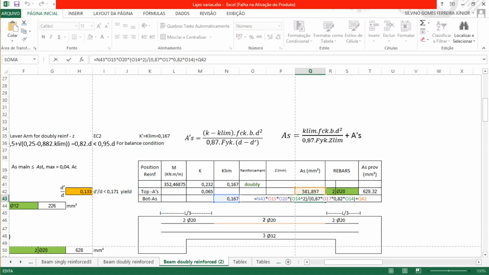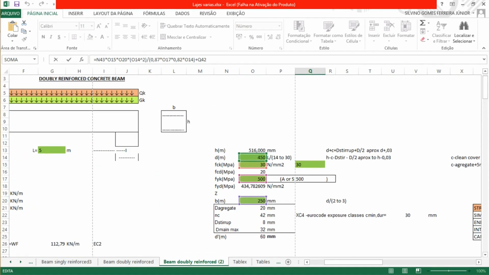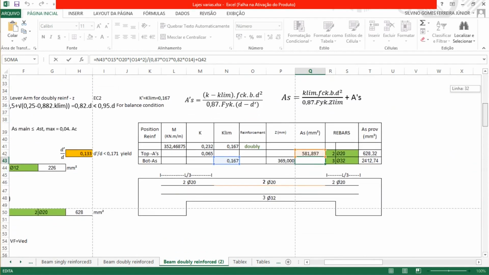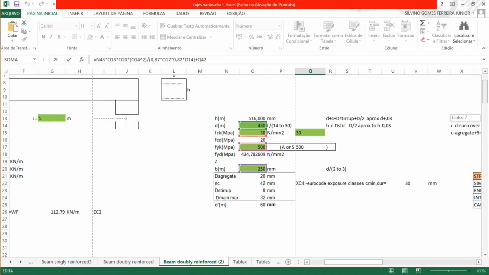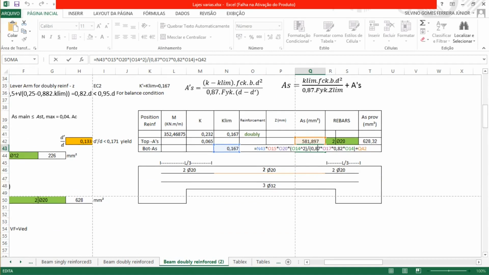We are using concrete of C30, so it's 30, multiplied by B, 250, multiplied by D, that is the effective depth, 450, over 0.87 FYK, that is S500 steel, multiplied by the lever arm that we calculated, plus the steel we got from the top of the beam, that was this one.